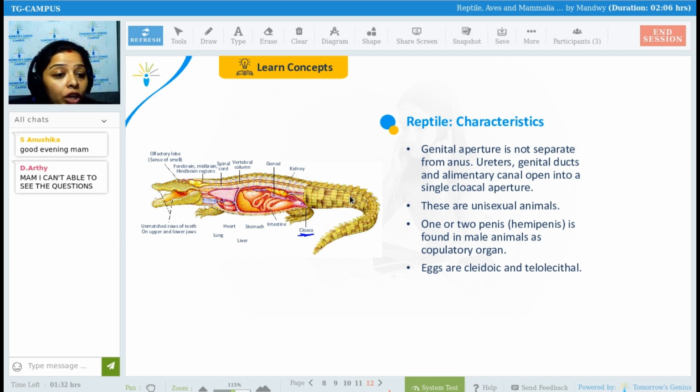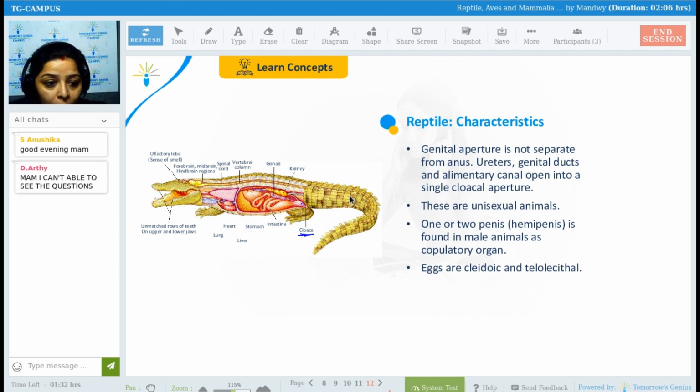So we can say that the genital aperture is fused with the cloaca. They don't have a separate genital aperture or a separate anus for excretion. They have the same opening for releasing the gonads or for excretion, and that is the cloacal aperture.